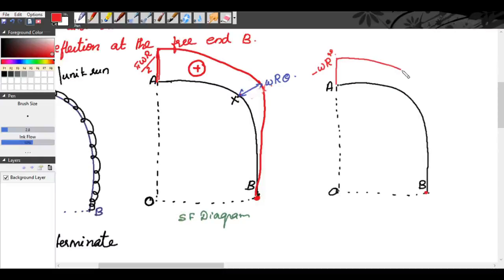You can write here wR square and mention here it is minus. So at A it is minus wR square, at B it is 0. This is our bending moment diagram.